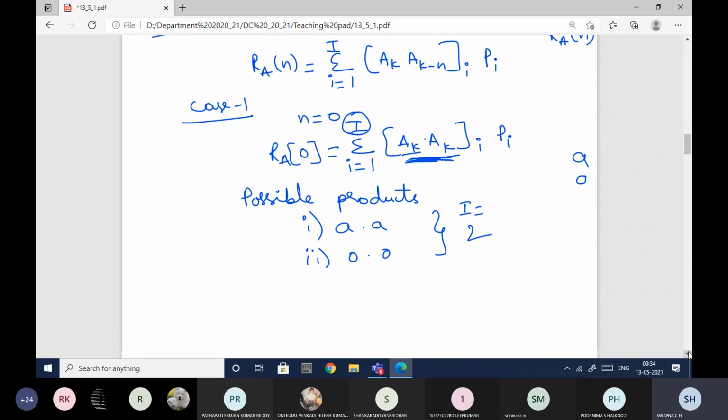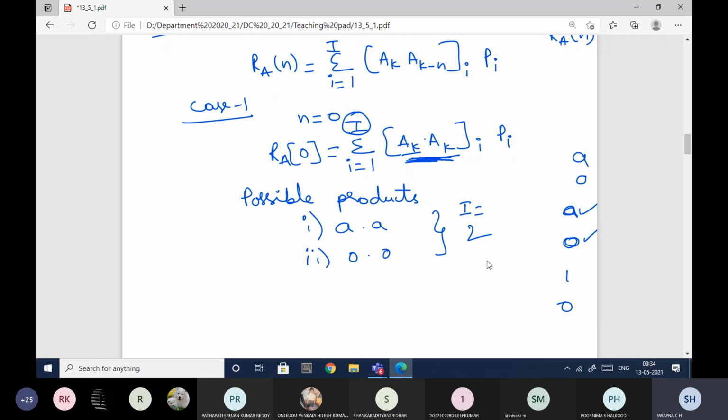And this A and 0 are equiprobable, right? What do you mean by equiprobable? I may get a 0 or I may get a 1 symbol. For symbol 1 it is A, for symbol 0 it is 0. Think of tossing a coin.